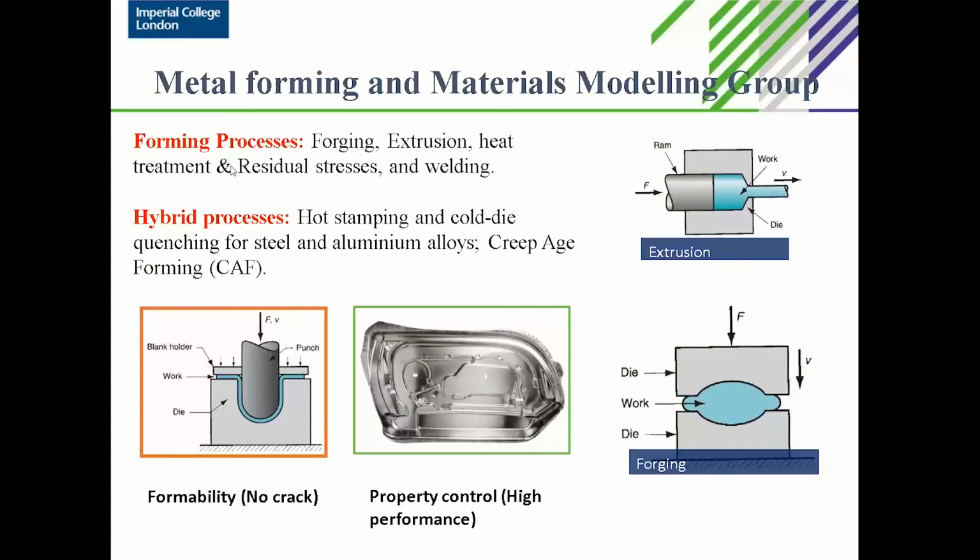No matter whether it is a traditional forming process or a hybrid process, what we want is high formability during forming with no cracks, and also good properties after forming, in service, such that the component can have high performance.